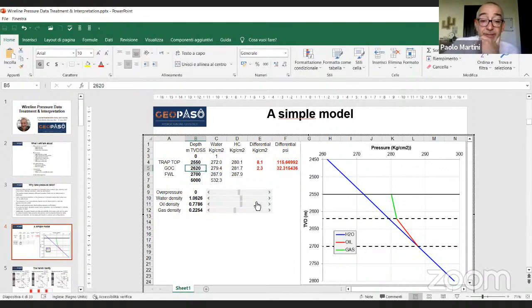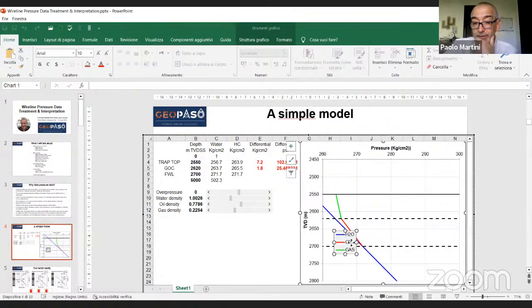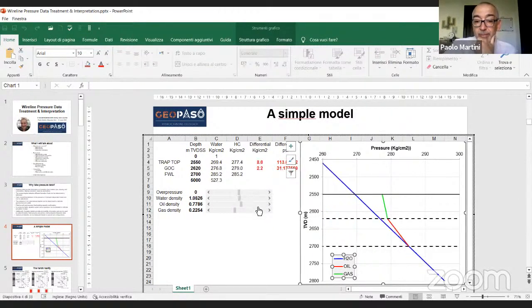I can change the densities of the fluids. So, for example, if I have fresh water, you see that immediately everything moves to the left because the gradient is changed. Let's go back to normal saline water.